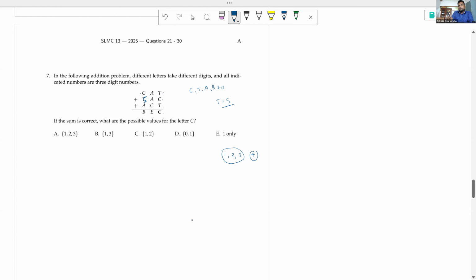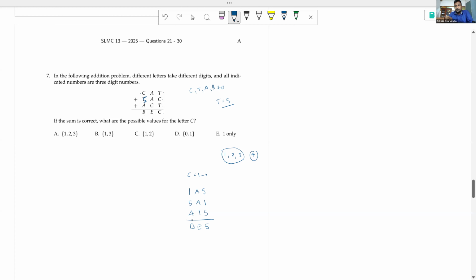If C is 1, you get 1A5 plus 5A1 plus A15 equals BE5. So in this case, for A, I can only substitute 2.